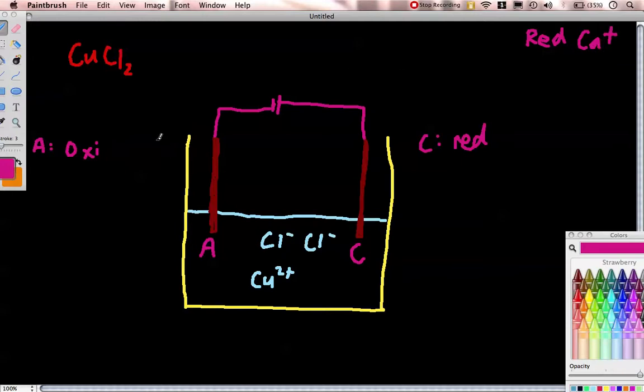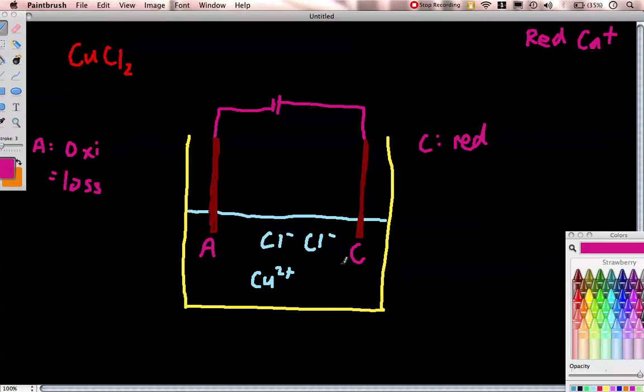Now, guys, the objective of this battery is to essentially suck electrons out of the anode and push them into the cathode. And because the anode is where oxidation occurs, it's where the loss of electrons is.